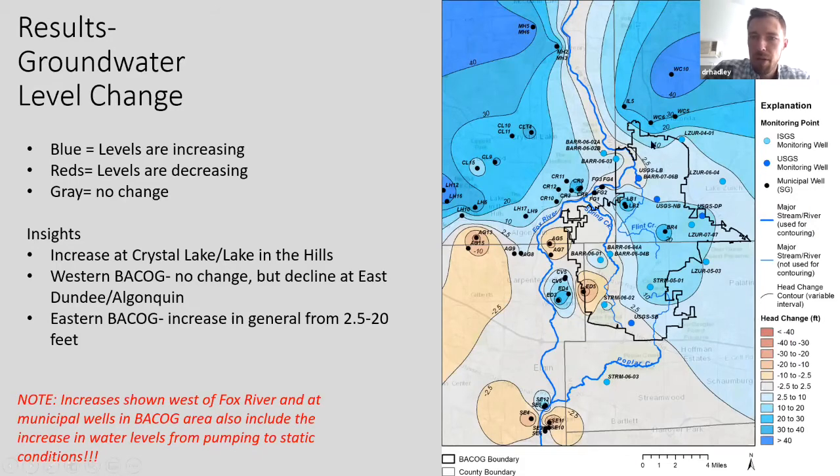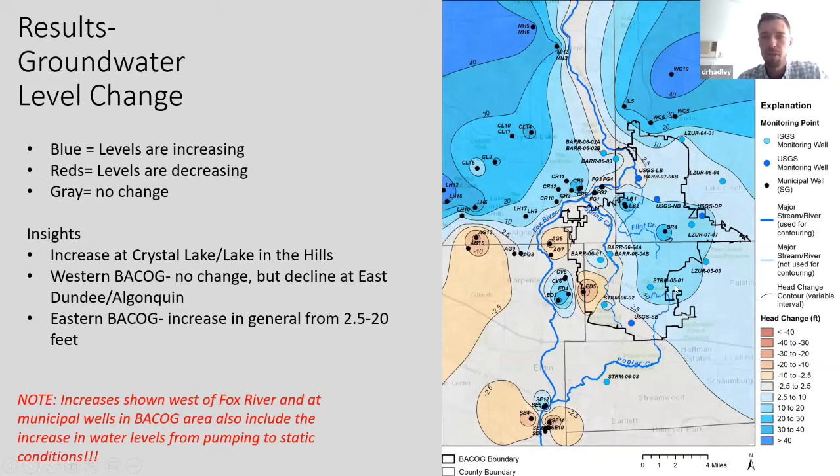But within the BACOG region, except for the Barrington withdrawals and a little bit of withdrawals from Lake Barrington, there's really not much municipal water use happening. And so the increase that we see within this eastern BACOG area, we see that a lot in the monitoring wells.